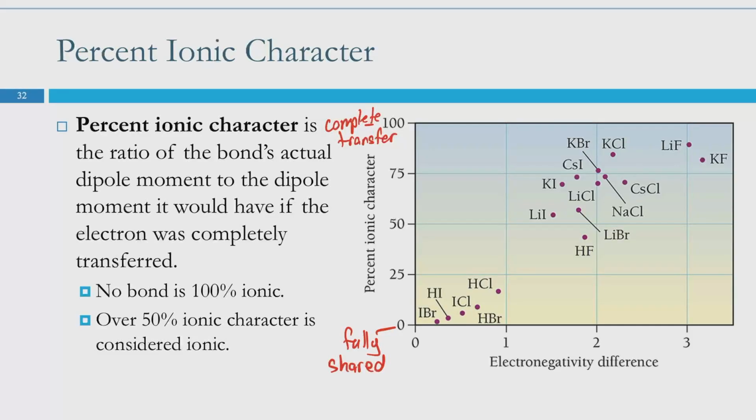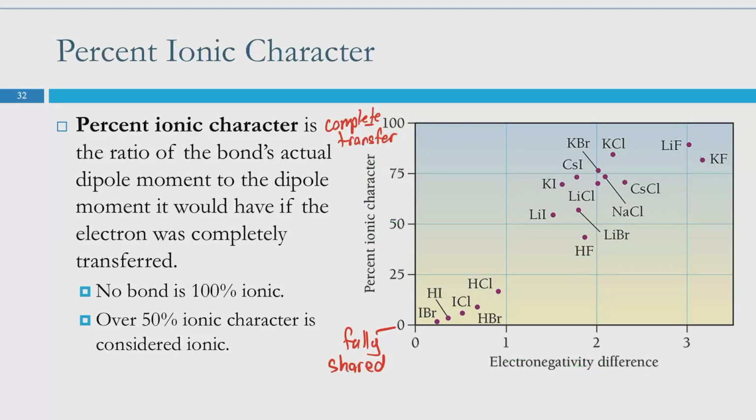None of these is 100% ionic. Even for these ones with fluorine involved, fluorine just doesn't quite have what it takes to pull away and get a full 100% ionic character, which is our y-axis. Our x-axis is the electronegativity difference.